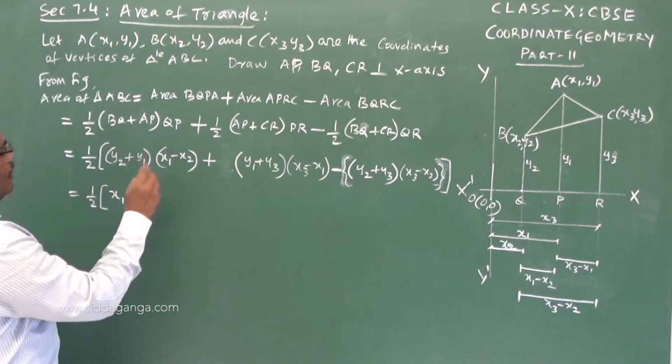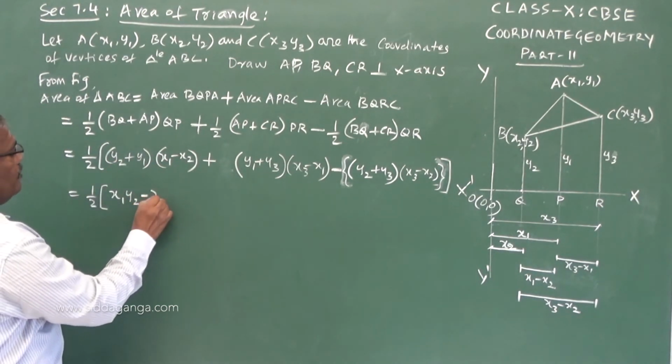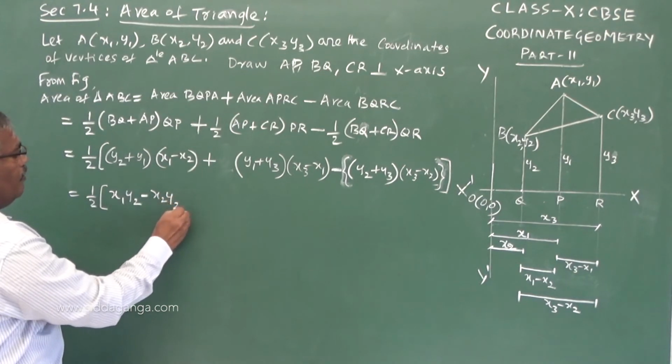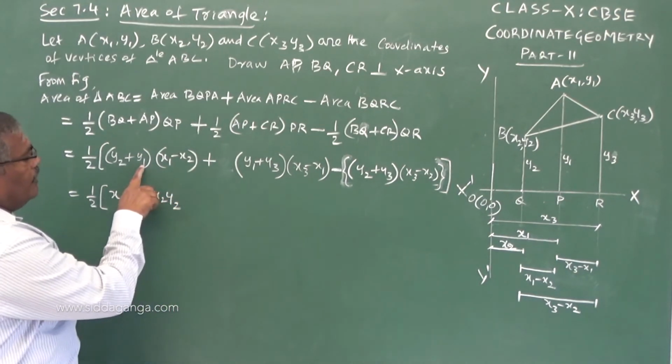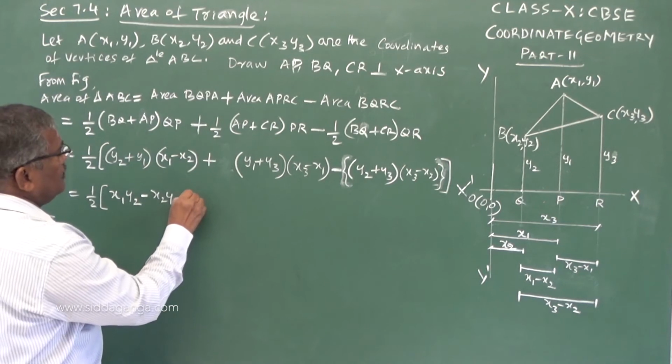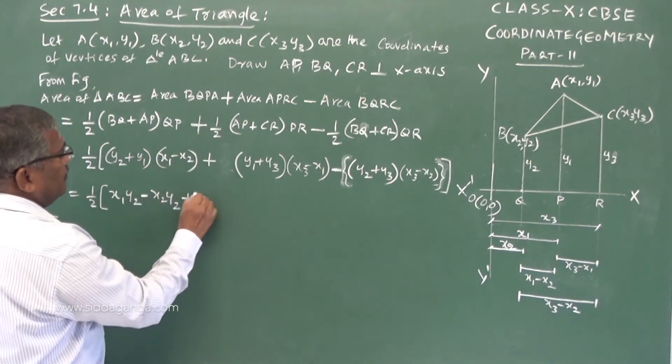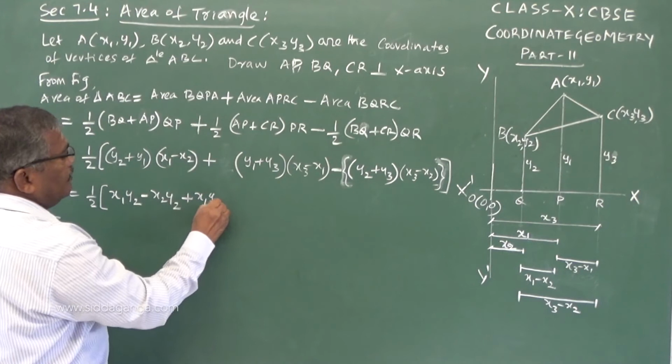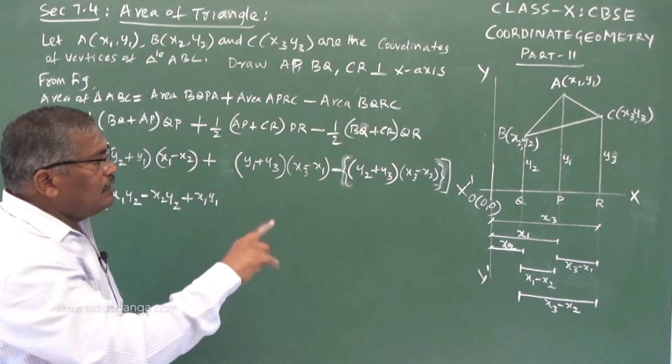Again, from Y2 you multiply this, you will get X2 Y2. From Y1 now, plus X1 Y1.